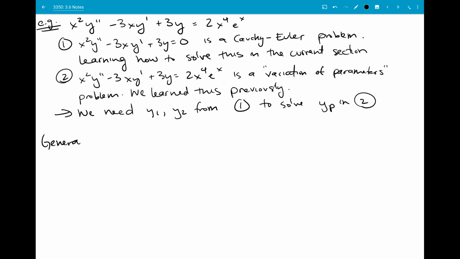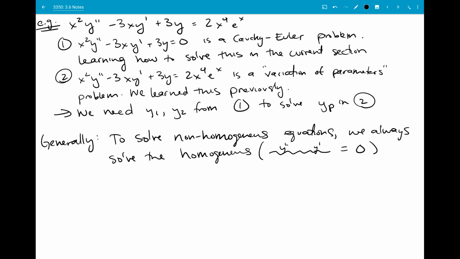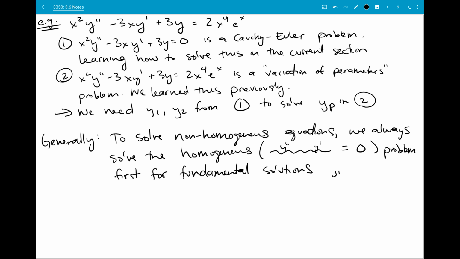Our general approach to solve non-homogeneous equations, what we always have to do, is solve the homogeneous, that means whatever you saw in the differential equation equal to 0 part, first, for what we called our fundamental solutions, y1, y2, and so on and so forth.